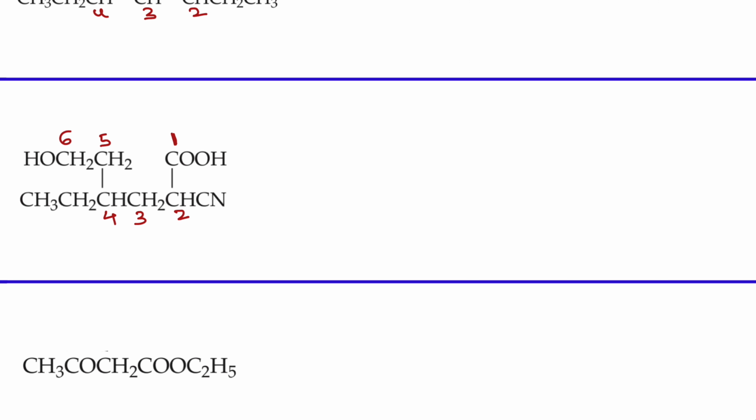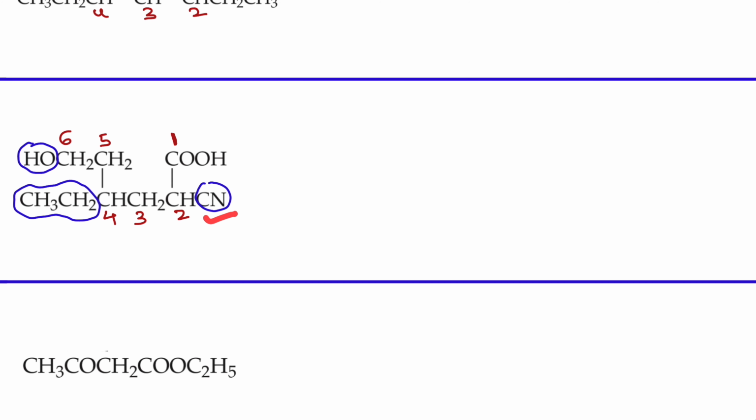Now, if you see the branches in this, this is one branch, this is one branch, and this is another branch. Prefix names we have to use. Prefixes are always according to alphabetical order. It is ethyl, cyano, hydroxy. Only alphabetical order we have to follow.